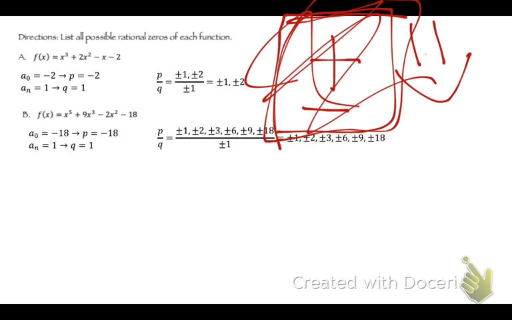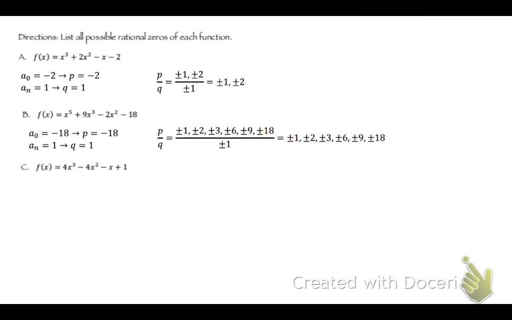Let's do C. Now we do have a leading coefficient. Changes it a little bit. So a sub 0 is 1, a sub n is 4, which means p equals 1 and q equals 4. The factors of p are just plus or minus 1.